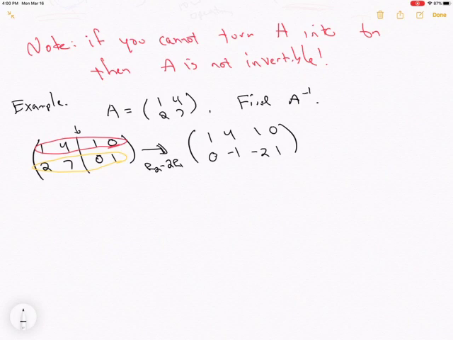So now we can negate the second row, leave the first row alone, for example, and that becomes 0, 1, 2, minus 1. So all we're doing is we're going to just negate row 2.